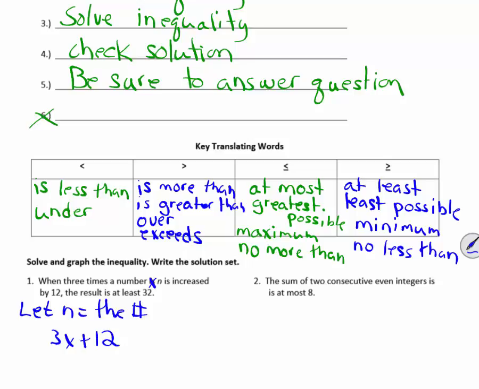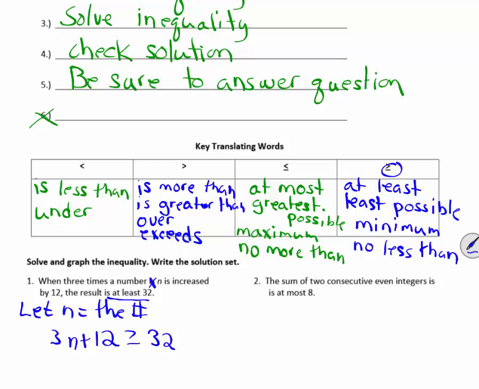I just wrote n and I put x there. Okay, we'll fix that. All right, the result is at least, right? So is at least is your greater than or equal to symbol, 32.